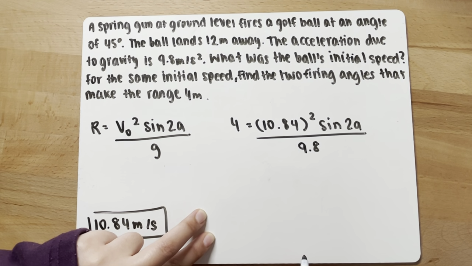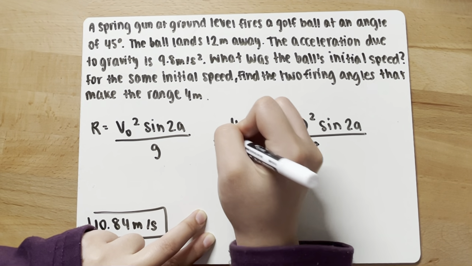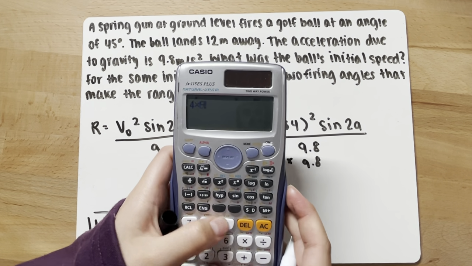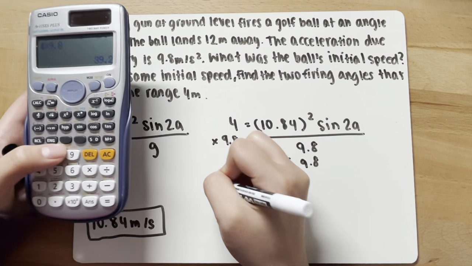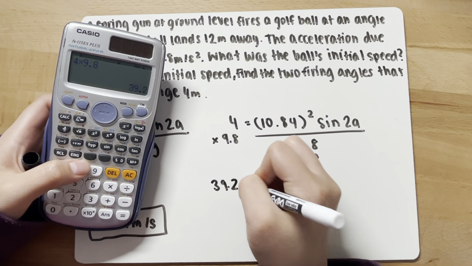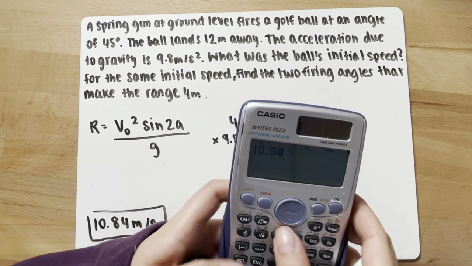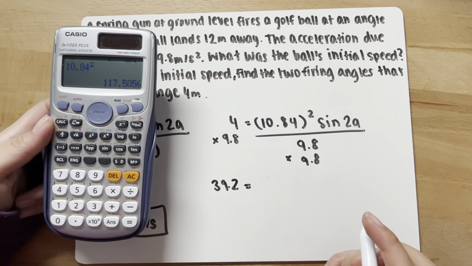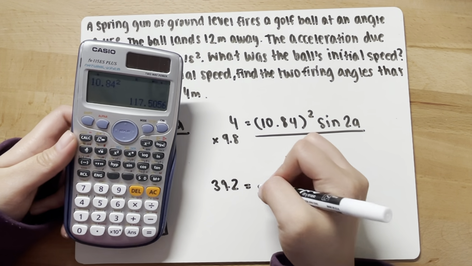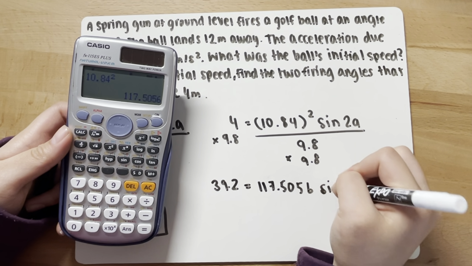Now all we need to do is multiply 9.8 on both sides so that we can solve for sine 2a. So 4 times 9.8, you get 39.2. This is 39.2, equals 10.84 squared, which gives you 117.5056, times sine 2a.